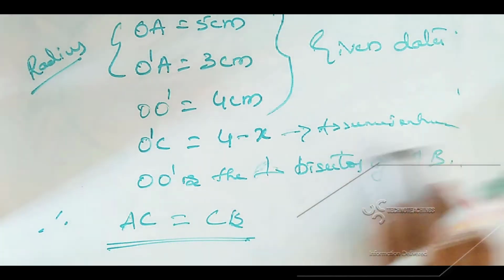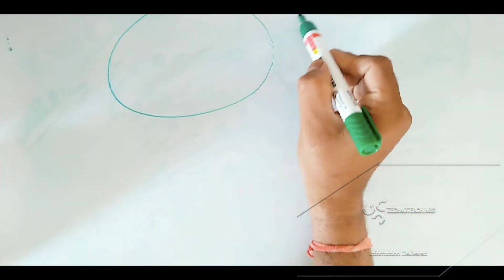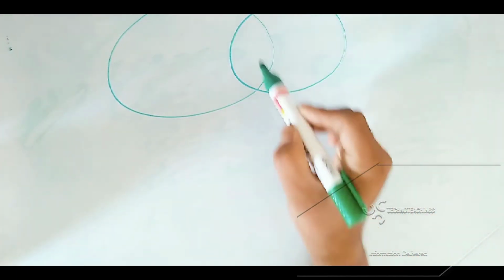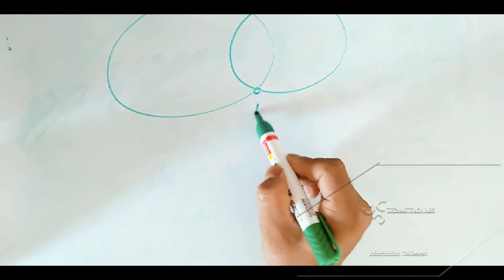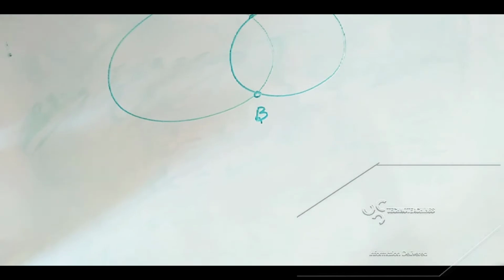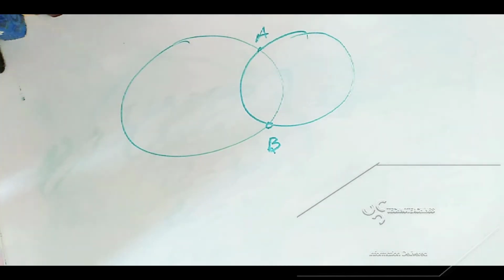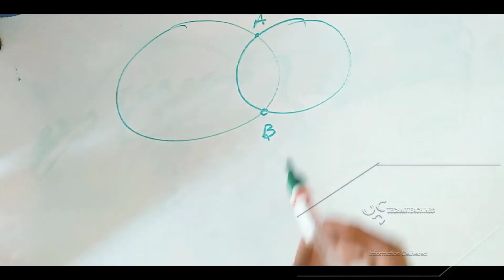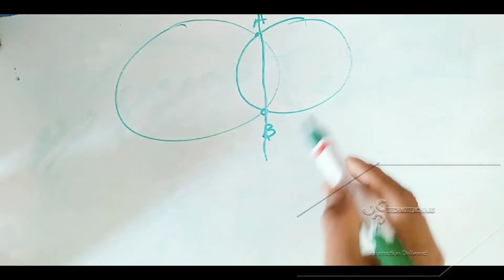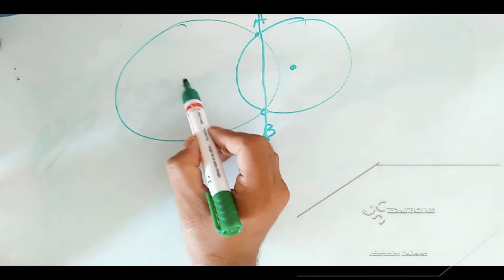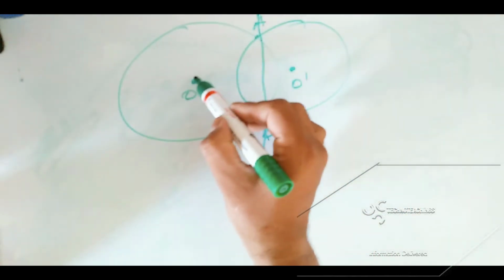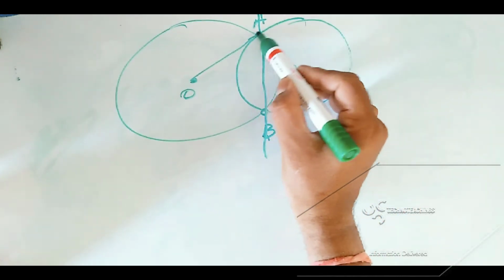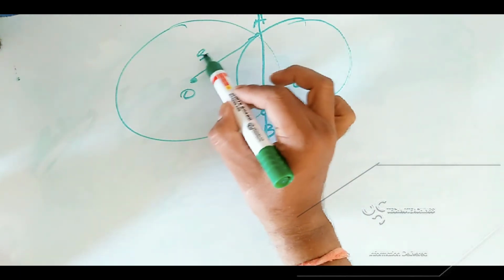So meanwhile, I'll draw the center, A, B, center of this circle O, O dash, the radius of the circle 5 centimeter.